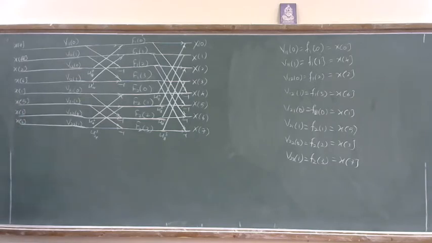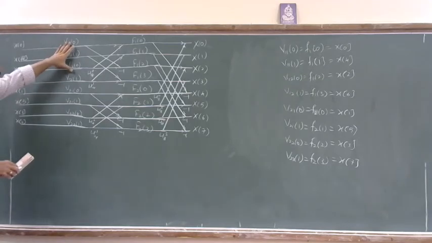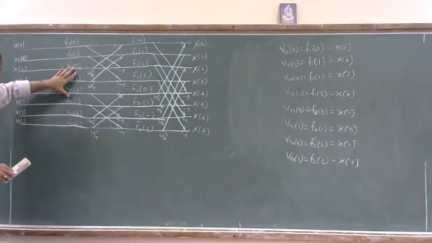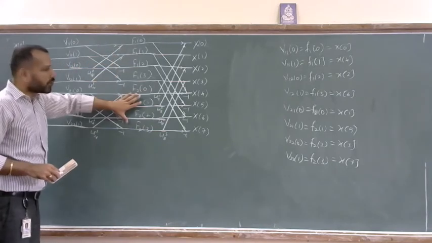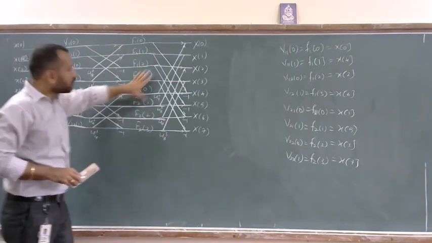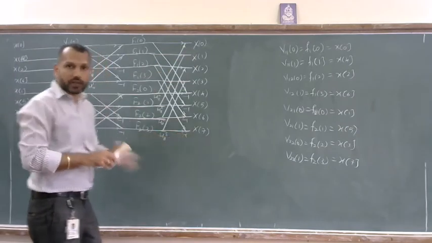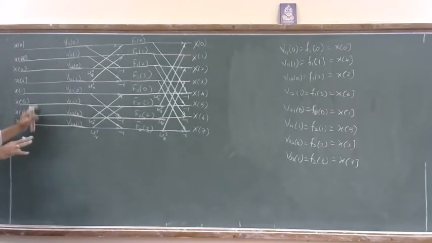Now, we need to compute the 2-point DFTs of this sequence. These 2-point DFTs are combined to get 4-point DFTs, and these 4-point DFTs are combined to obtain the 8-point DFT. That is the overall theme of this decimation in time fast Fourier transform.